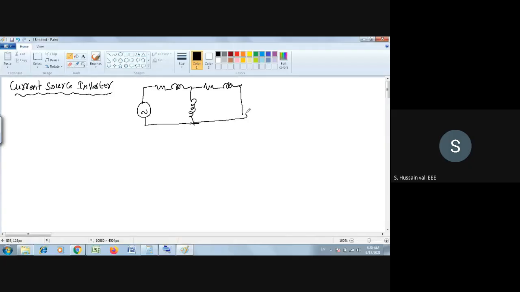So this is R1 X1, R2 dash by S, X2 dash. This you know. And this current is I2 dash, whereas this current is I1. Here I1 is the stator current.